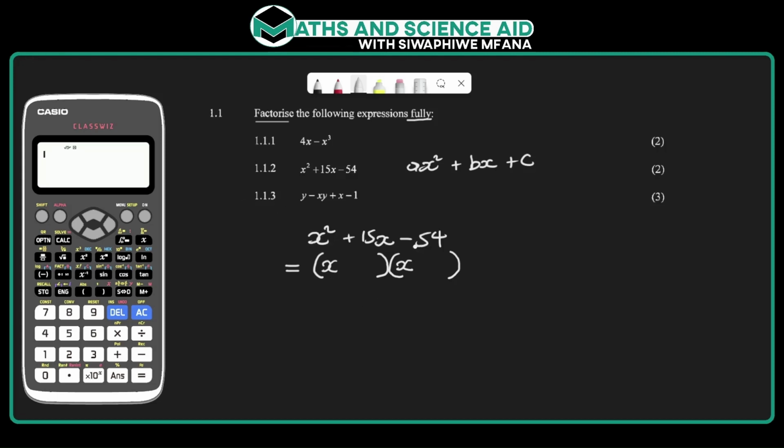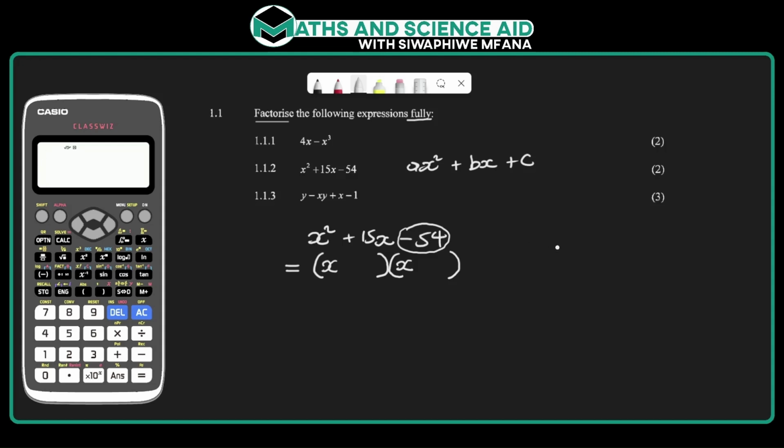And now after that, we go to the constant term c in our quadratic expression. We also need to know the factors of 54 that we can multiply together to get 54.